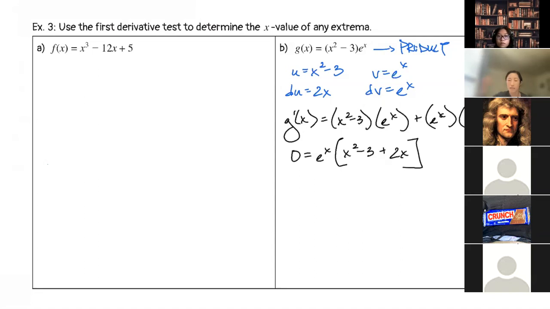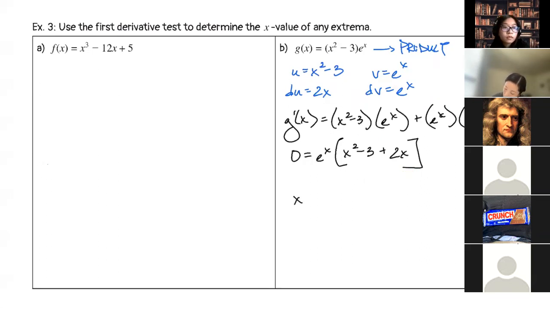And again, the reason why I'm choosing this example is because this is actually a really valuable thing that helps out in a lot of future math classes, is reminding ourselves that e to the x can never equal 0. It has a horizontal asymptote. It never equals 0. So the only thing we need to consider is when does this polynomial part equal 0?